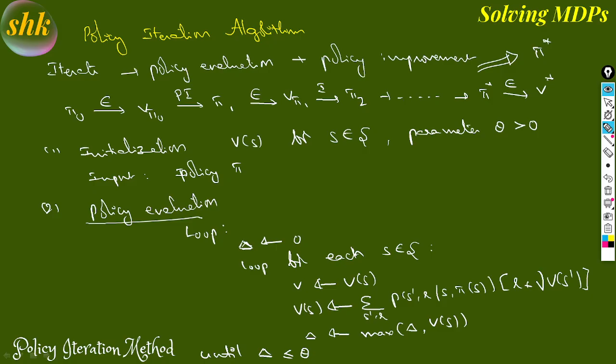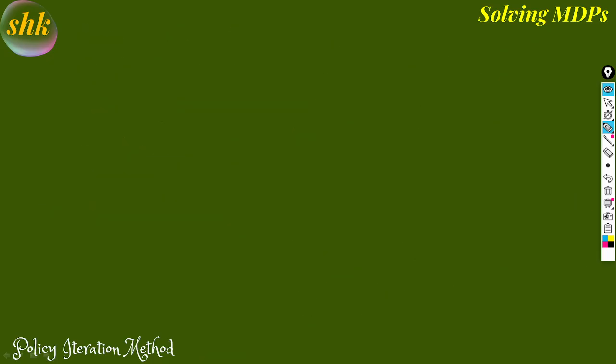So this is the second step, policy evaluation. In step 1 we go for initialization, step 2 is policy evaluation. Now we will see step 3, which is policy improvement. In step 3 we perform policy improvement.